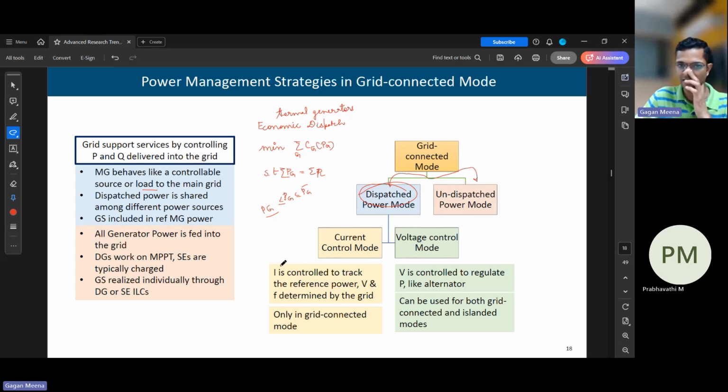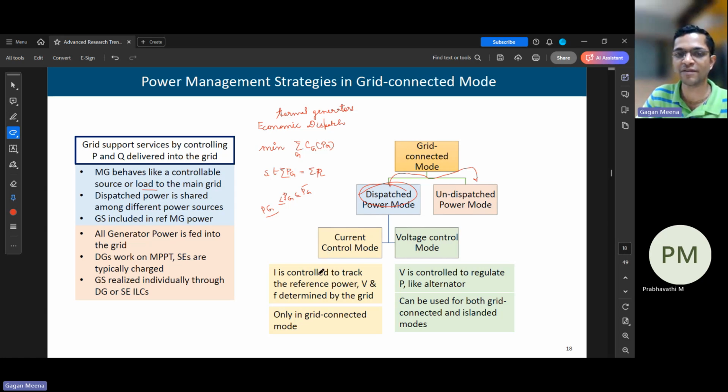Here in current control mode, the current is controlled to track the reference power and the voltage and frequency are determined by the grid. So this is the case when the microgrid is supplying power, injecting power into the grid. It's only possible in the grid connected mode.